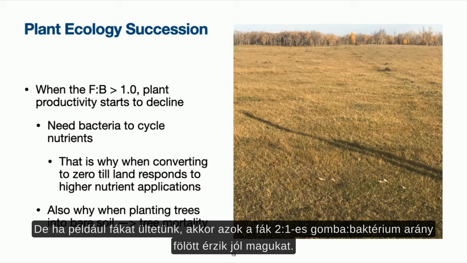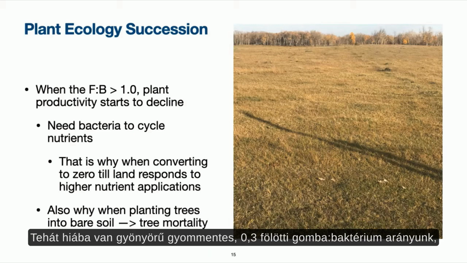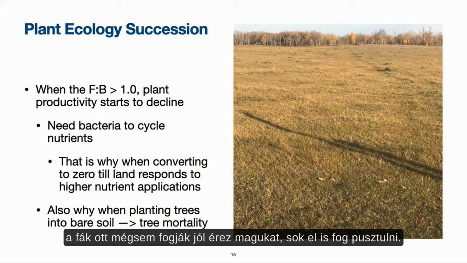This also means that when we are planting trees, remember that a tree wants to be above a 2 to 1 fungal to bacteria ratio. So when we have nice black soil with no weeds, because we've worked it intensively, that means we're going to be about a 0.3. When we do that, we're going to see a lot of mortality in our trees.